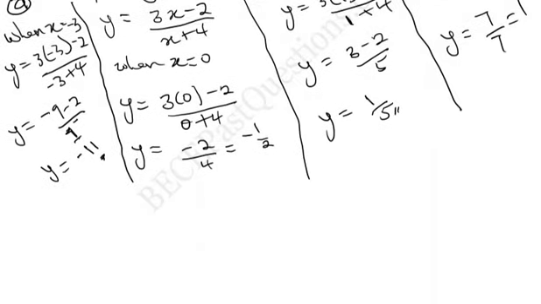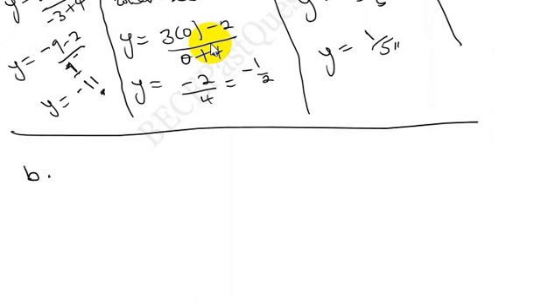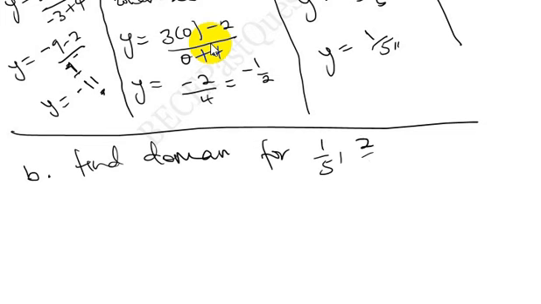So that is B. So for B, we have to find the domain for 1 over 5, 2 over 3, and also minus 4.